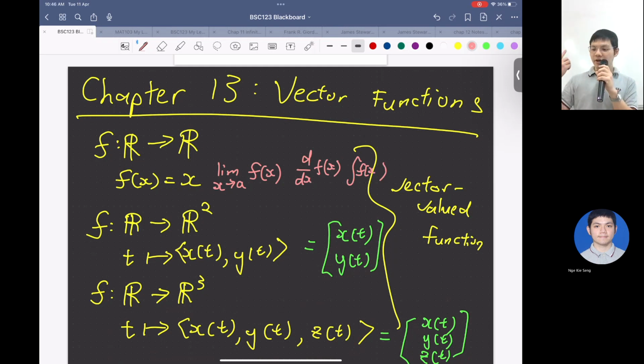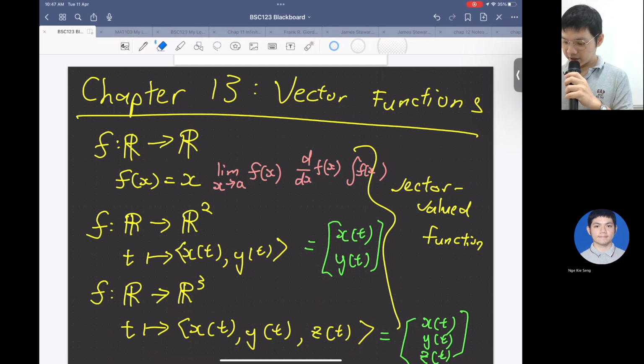This is what you know, right? So what happens for vector space? Now you have 2 dimensions, 3 dimensions, and in every dimension you have a function. So you just take limits on all of them, differentiation on all of them, integration on all of them.